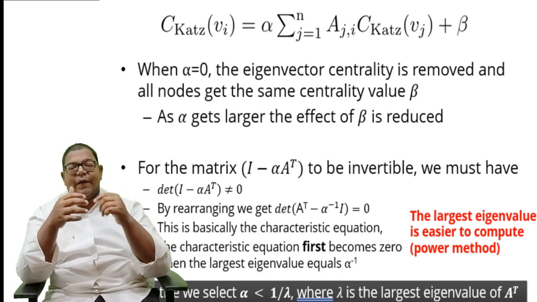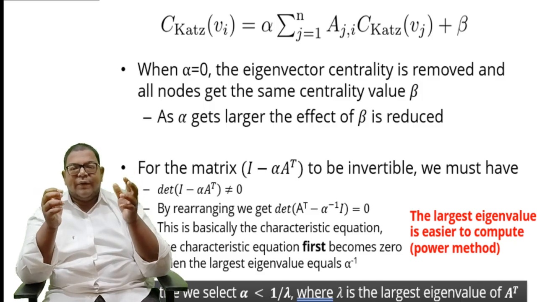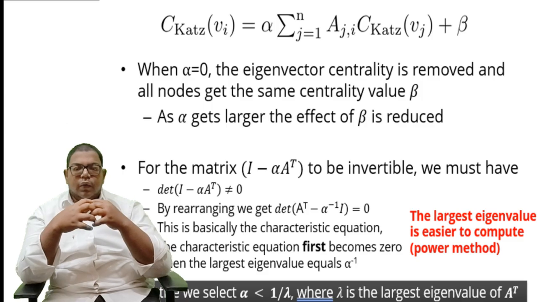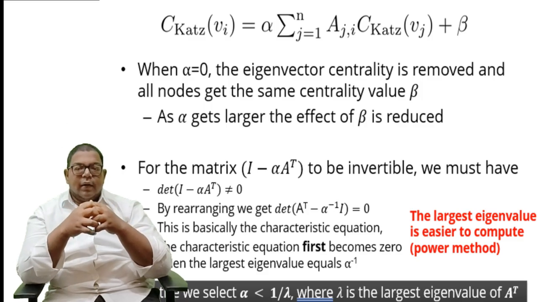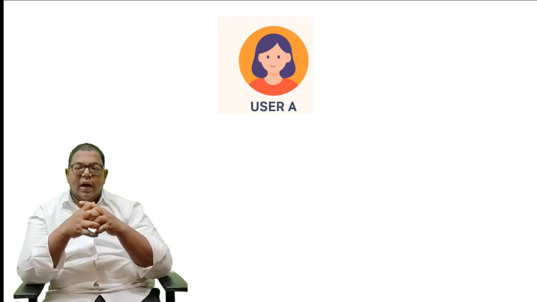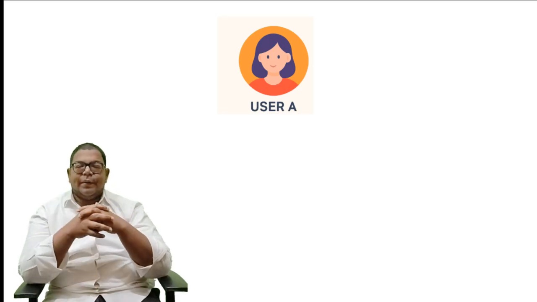As alpha gets larger, the effect of beta is reduced. In practice, we select alpha based on the largest eigenvalue of the adjacency matrix. Got it? Let me give you some examples.